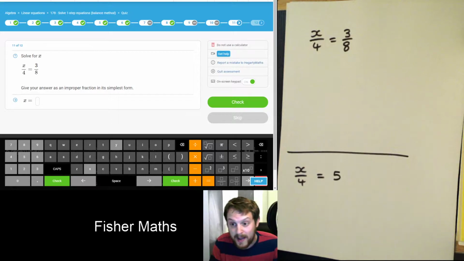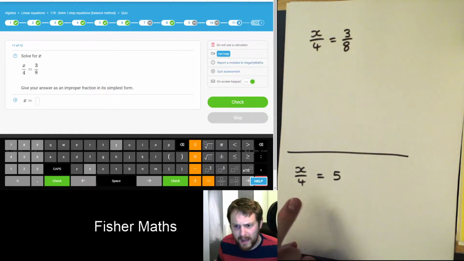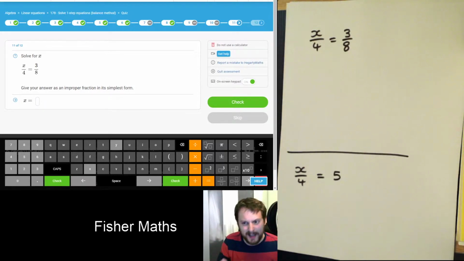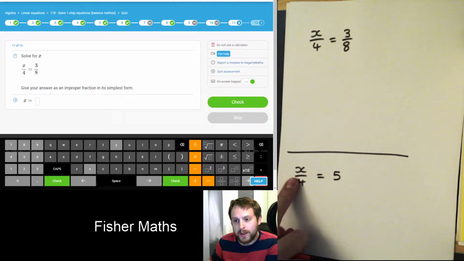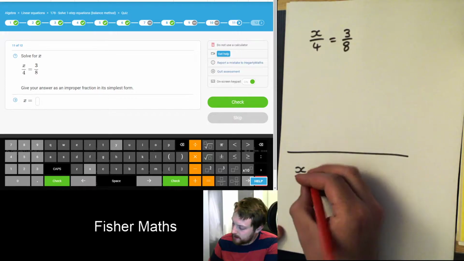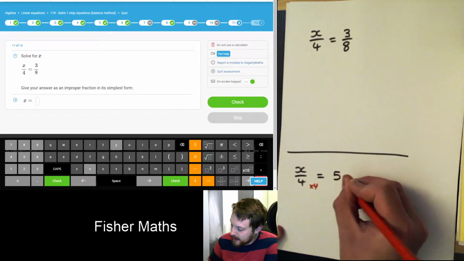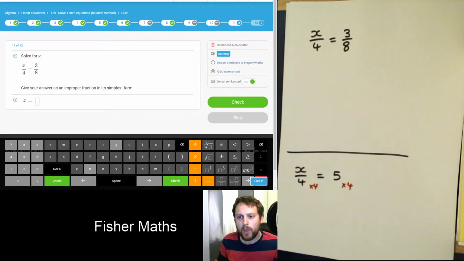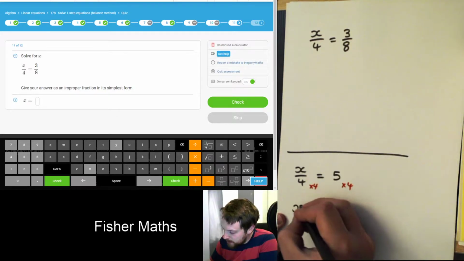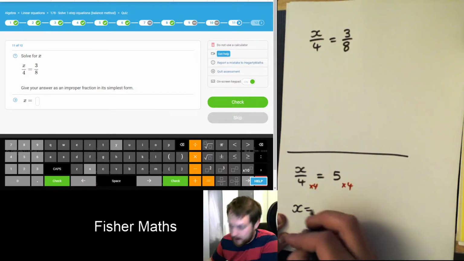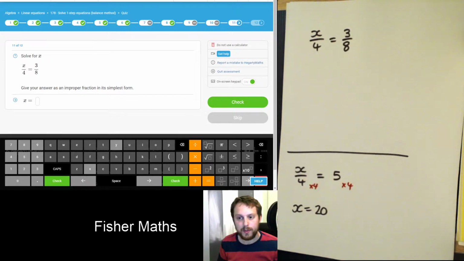You might be able to work out that that's 20. If you weren't sure, where does that 20 come from? It's because to undo division by 4, you're going to times both sides by 4. So you get x equals 5 times 4, and of course, that's where the 20 comes from.